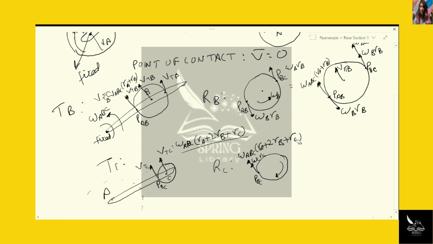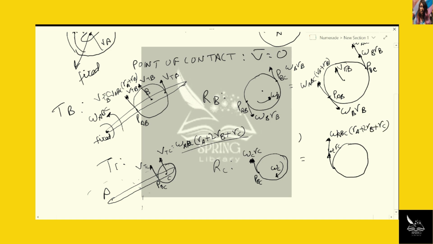I'm not writing the net velocity yet. So let me just write rotational. Sorry, went ahead of myself. So for rotational velocity, let us assume omega C to be clockwise, and then this will be omega C RC. And then the net motion due to circular motion of C is going to be omega C RC, and then the translational motion VTC, which is omega ABC RA plus 2RB plus RC.